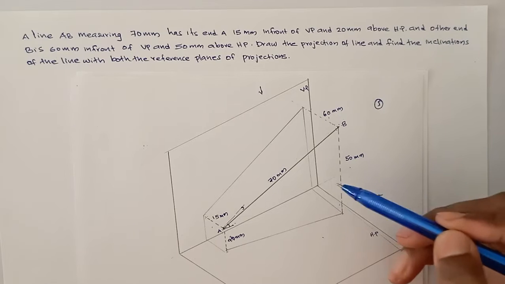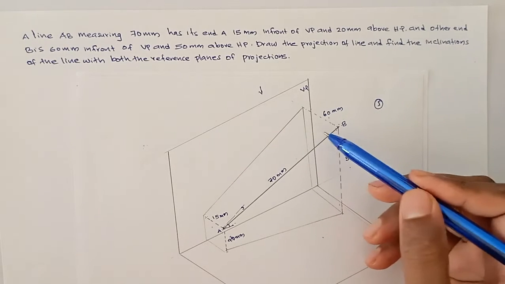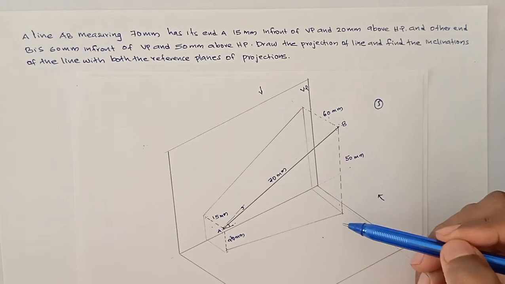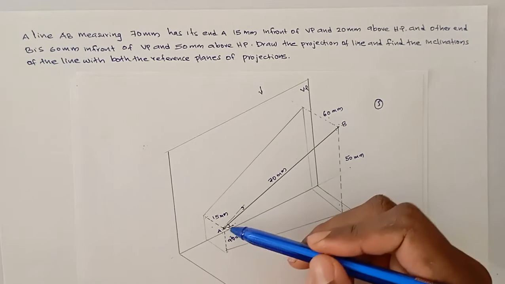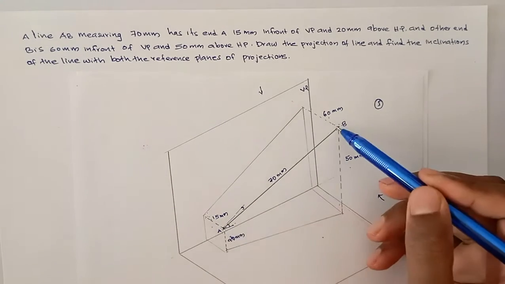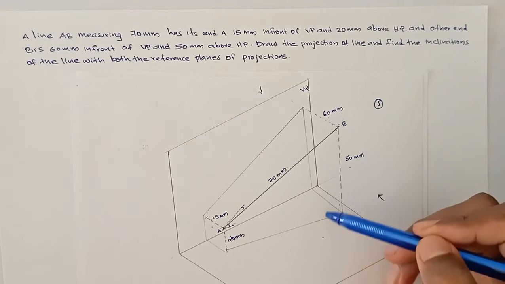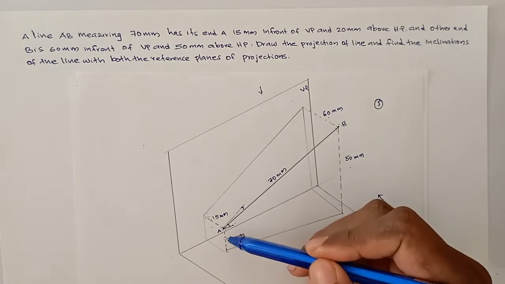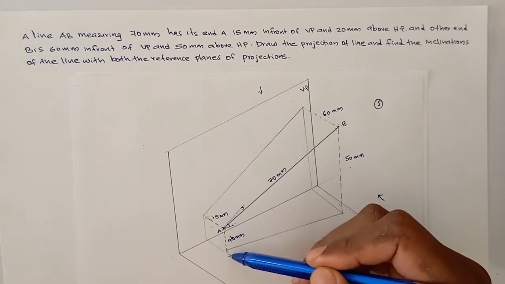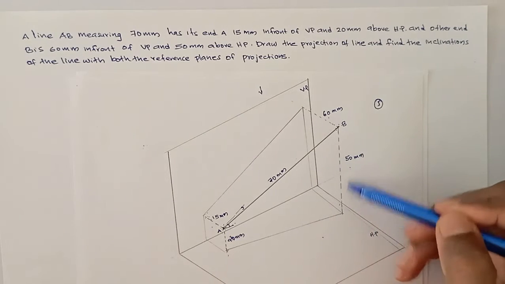So the line is inclined to both the planes. If it's parallel to VP, the distance of A and B from VP must be the same. If it's parallel to HP, the distance of A from HP must be equal to this distance.